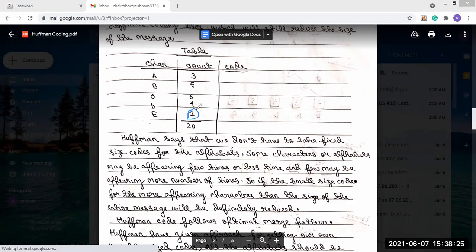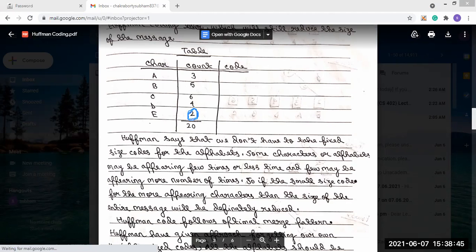In this case, 2 is the minimum count. So we will arrange them in such an order, where the count is small first, from descending to ascending order.